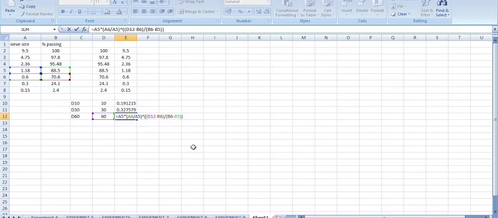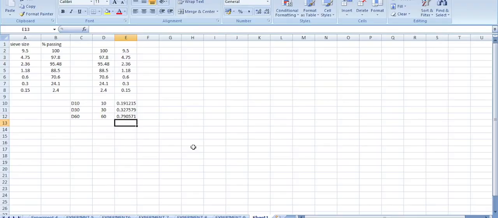So you can see that we have determined the value. The value of D60 falls within 0.7, which falls within 1.18 and 0.6. So we can see clearly how we can use interpolation to determine these values.